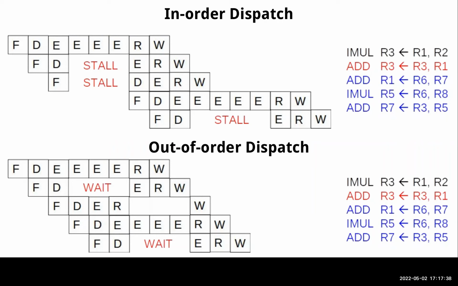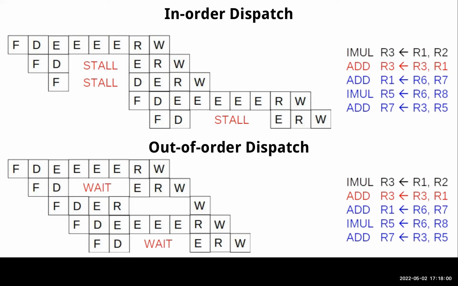This means the fetching unit is fetching the first instruction from memory. In the second column, we have D and F, which means the decoding unit is decoding the first instruction, and the fetching unit is fetching the second instruction.